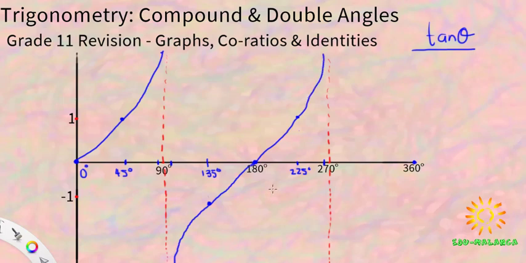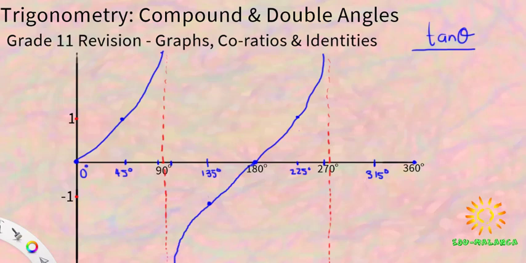Because we've watched history repeat itself, guys, we can make predictions. So by my predictions, between 270 and 360 degrees, the halfway point we can calculate, that's equal to 315 degrees. From watching this pattern over here, my prediction is that at 315 degrees, tan is equal to negative 1.